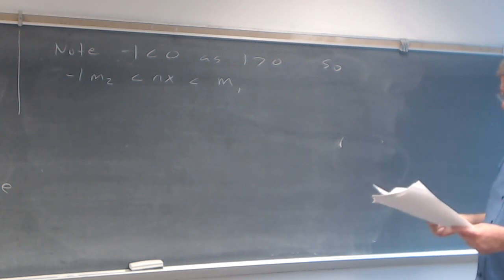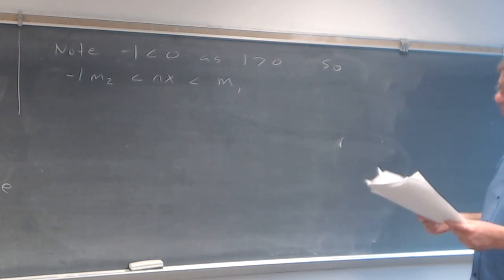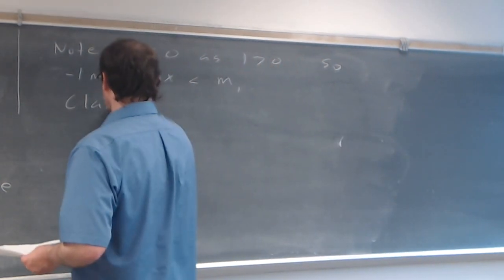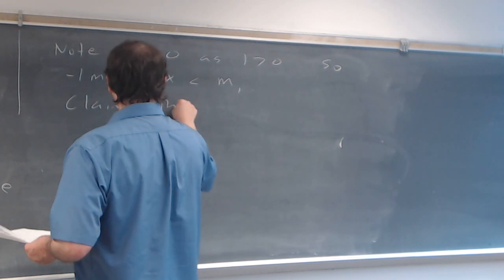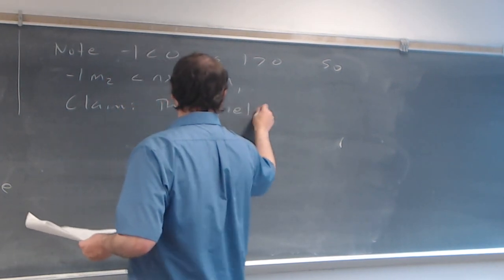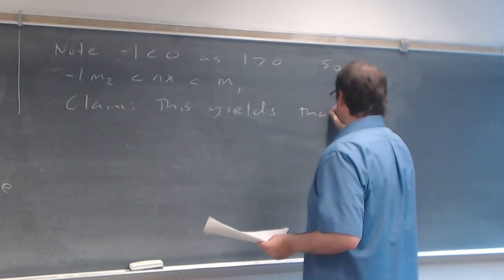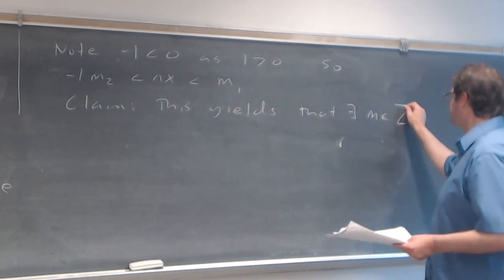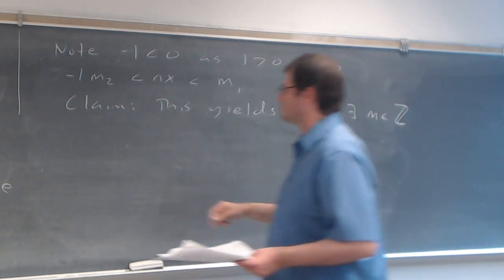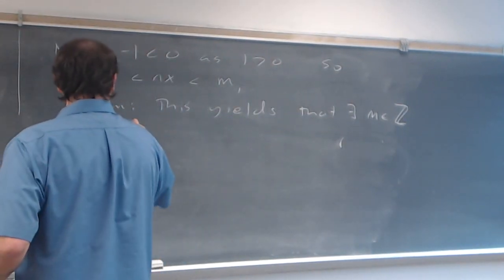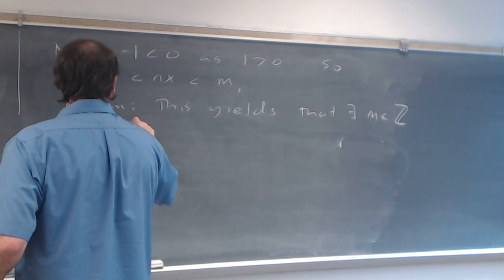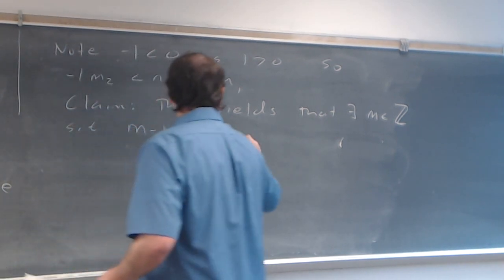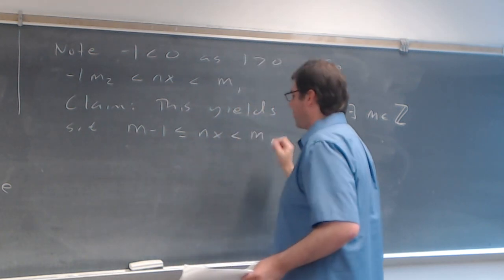Now, what I want to say is claim. This is that there exists an m element of the integers such that m minus 1 is less than or equal to nx is less than m.